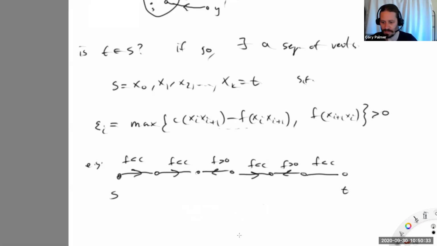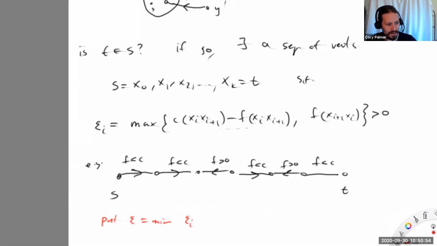All right, I want to finish this proof, so just bear with me real quick, I'm almost done here. So this is the scenario if T ends up in S, we have this sequence here. Now here's what I'm going to do. I'm going to put epsilon equal to the minimum across all the epsilon i's.